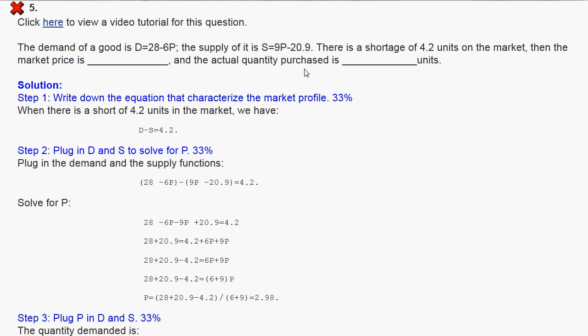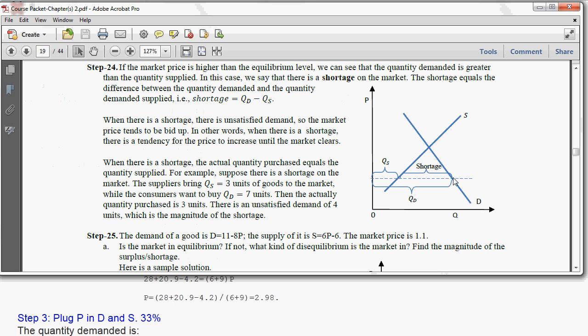First of all, just to give you some intuition, let's look at a graph about market profile like this. Here is what's going on when we have a shortage. See here, the price is lower than the equilibrium price. That's the equilibrium price. But now the price is actually lower than that, and when the price is low, people want to buy more, right? That's our QD.